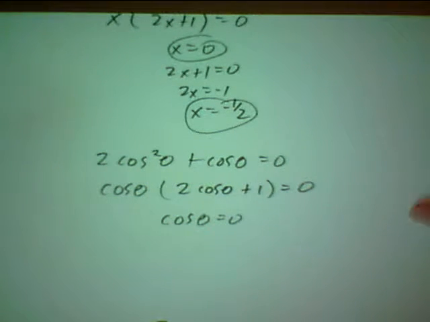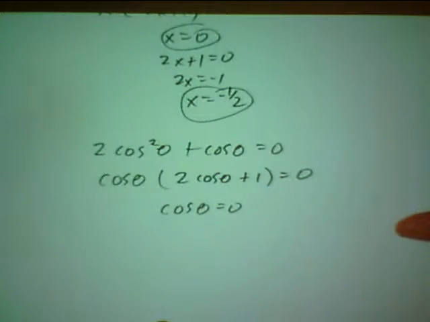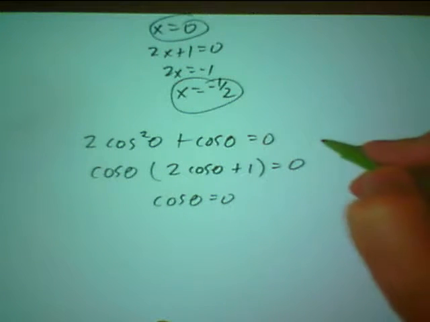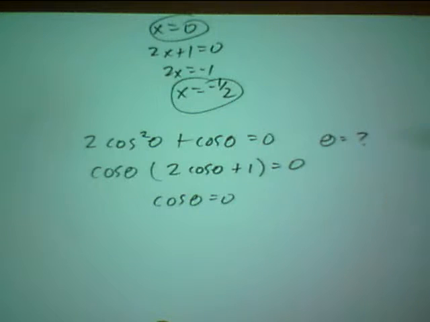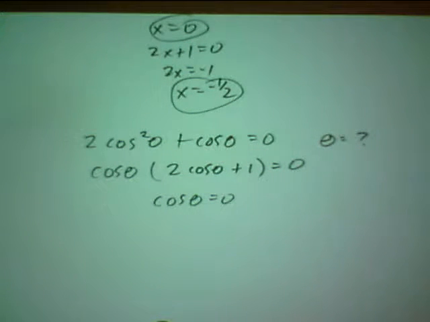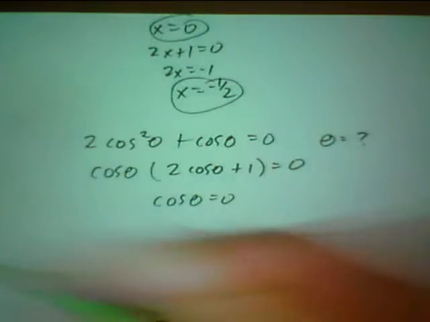Let's look at this one first. Cosine of theta equals 0. Once again, my solution needs to be theta. So I ask myself, let's go find an angle in radians where if I take the cosine, it equals 0. So once again, in my mind, I'm going to the unit circle. Since it's cosine, I'm thinking of the x-coordinate, and I'm saying, okay, on my unit circle, where is x going to be 0?